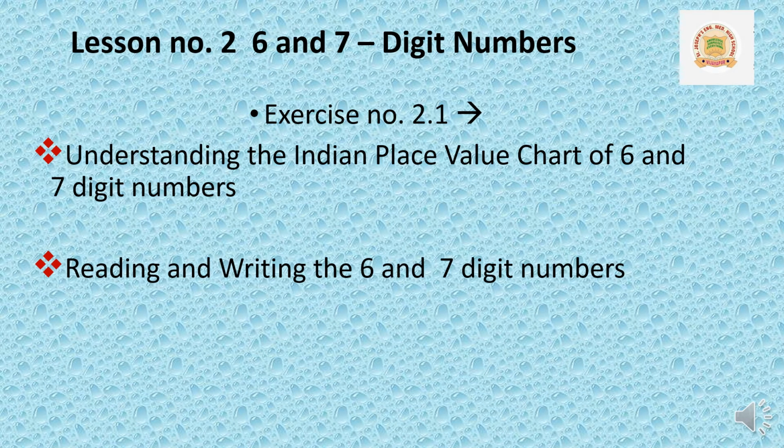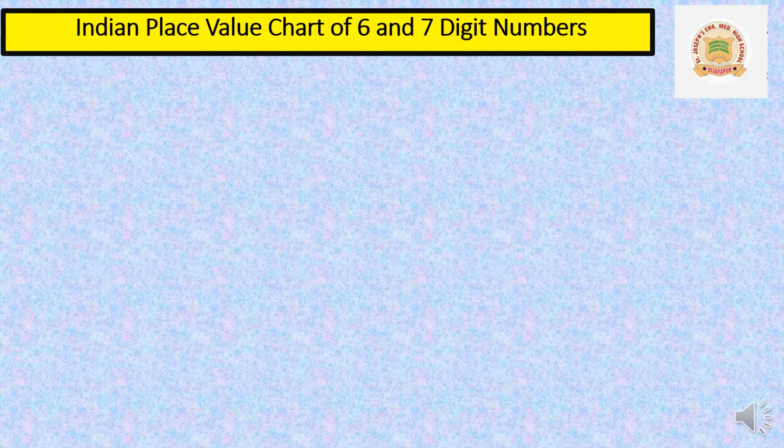Reading and writing the 6 and 7 digit numbers. These two concepts we are going to learn in exercise number 2.1. To understand this concept thoroughly, let us first draw the Indian place value chart of 6 and 7 digit numbers.